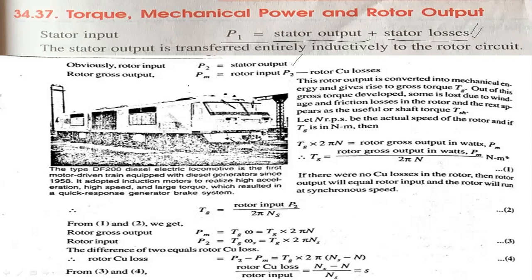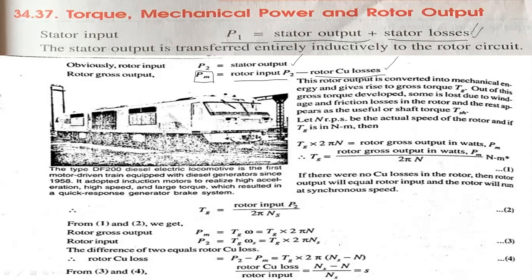So at the rotor we are getting some output. That means rotor input minus rotor copper loss gives the rotor output. This rotor output, Pm, is converted into mechanical energy, and as it is converting into mechanical energy there is some rotation, so torque will be developed.